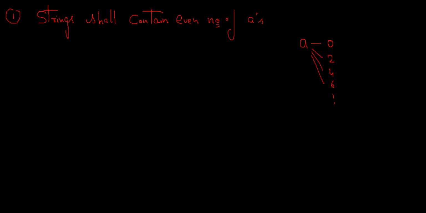Here the question is concentrating on the number of A's. The number of A's shall be even. So here 0 is also an even number, and we will show 0 as epsilon.